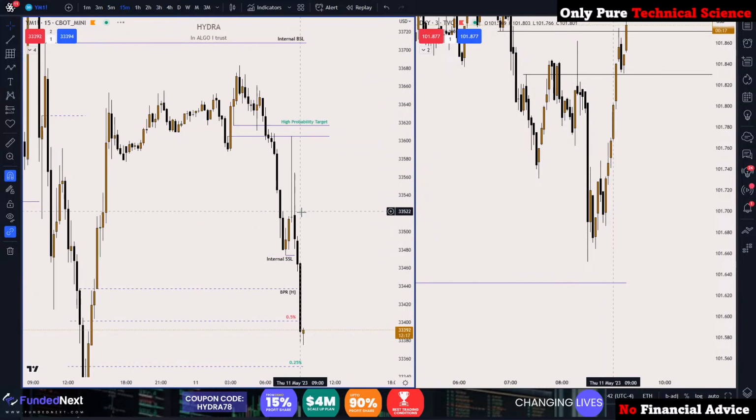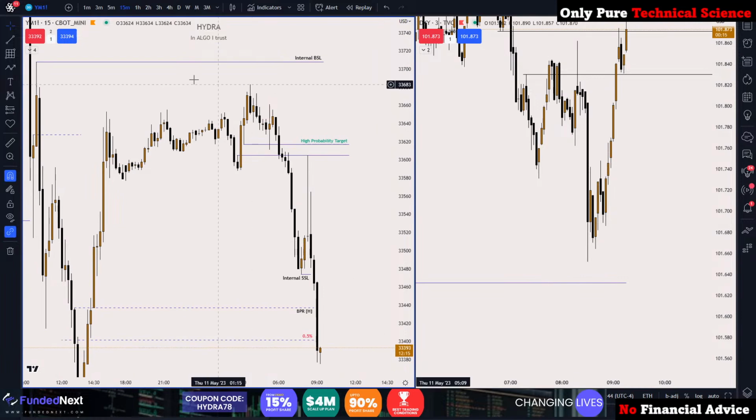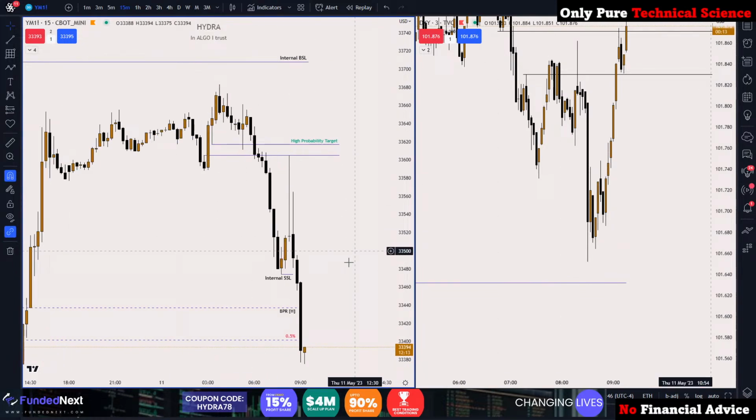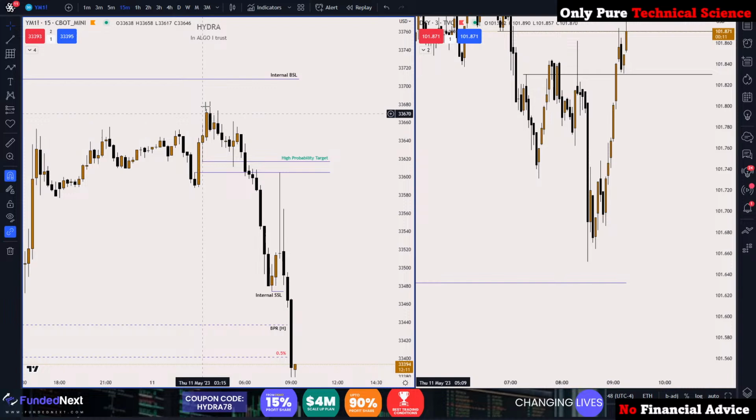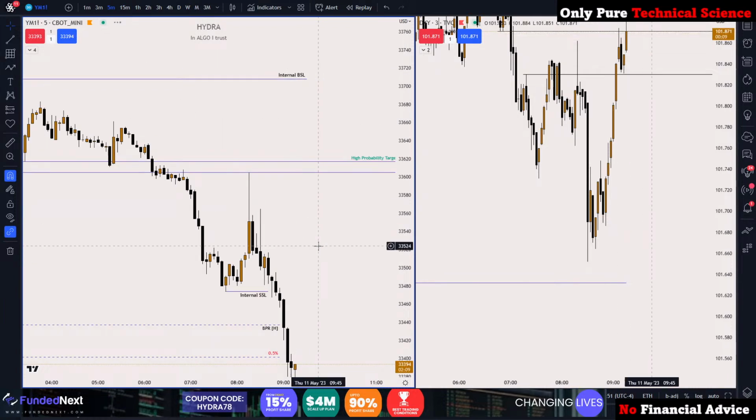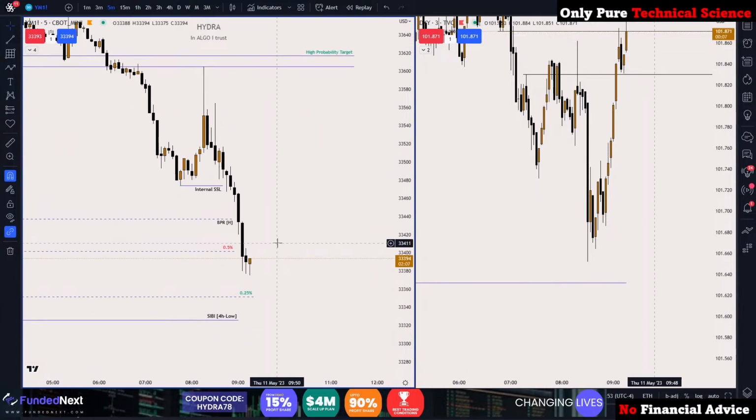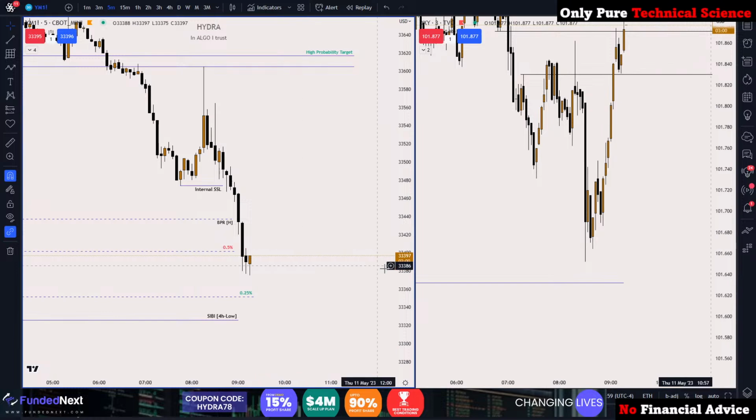Let's look at the higher time frame. Relative equal high, but I won't be targeting up here, right? For that long, I will only look for a trade that will give me 2R or 4R. So let's look for that.